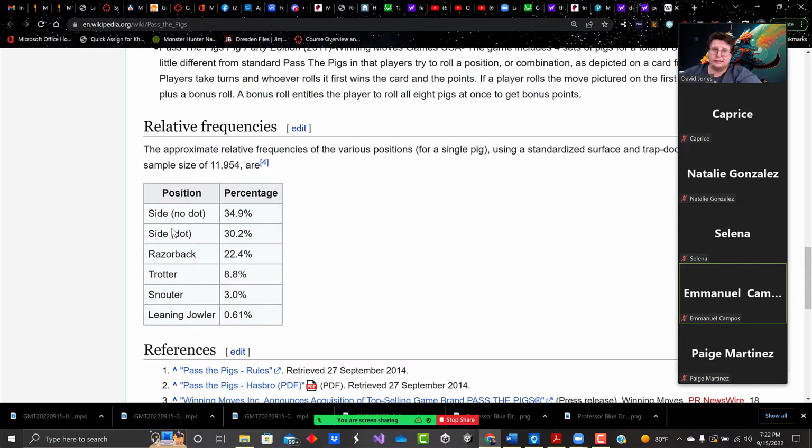So the percentages listed are, and I'm going to write them not as percentages, but as decimals. I'm writing those decimals real quick.